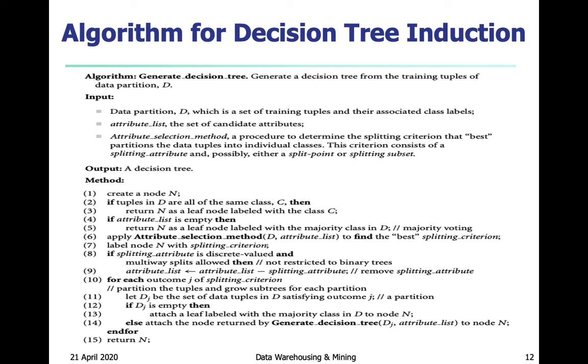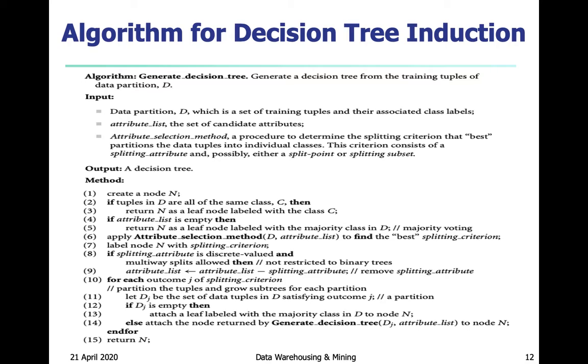Otherwise, the algorithm calls the attribute selection method to determine the splitting criterion. Means if it is not a leaf node, then you need to apply the attribute selection method. The splitting criterion tells us which attribute to test at node N by determining the best way to separate or partition the tuples in D into individual classes.